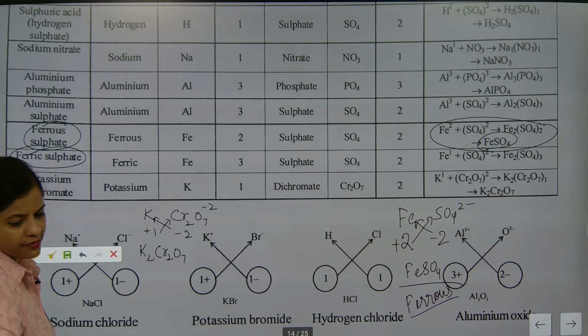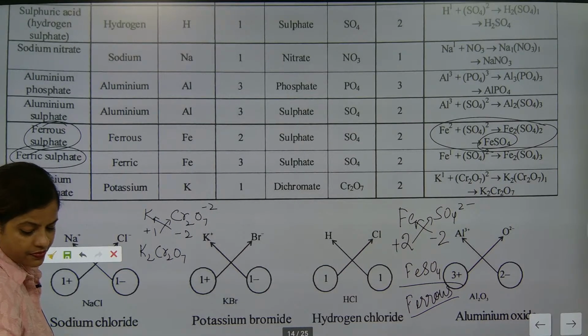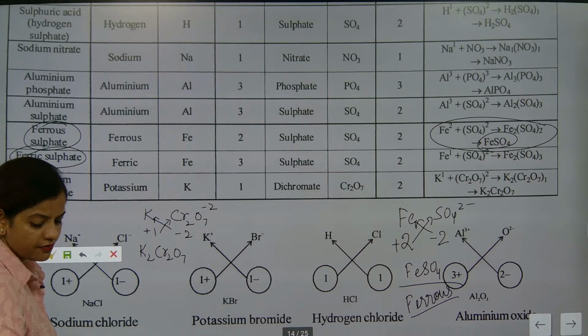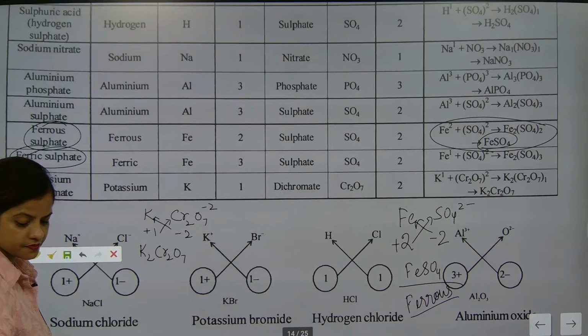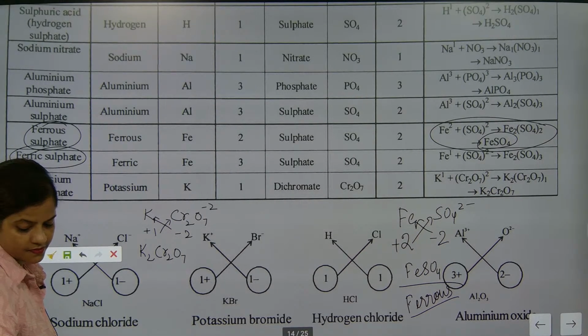Note down, beta. Just change that part. So ferrous and ferric sulfate. Understood, beta?